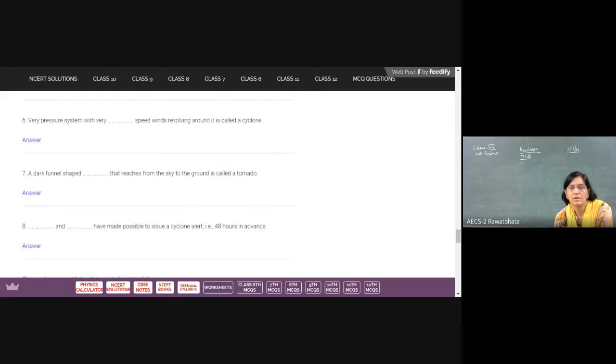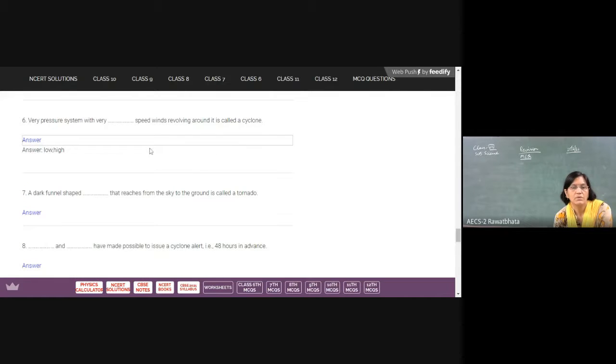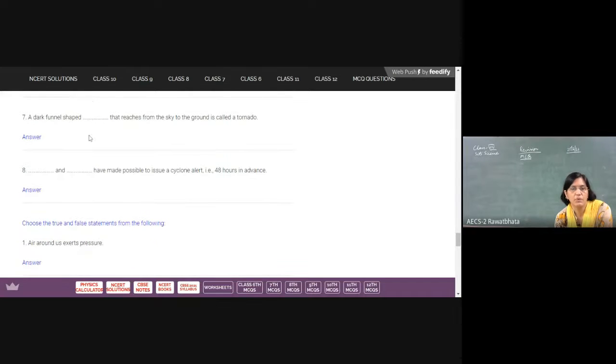Let's see. Here it should be there actually. Very low pressure system with very high speed winds revolving around is called a cyclone. So there is a mistake in typing there, no problem. Let's move ahead to the seventh one.